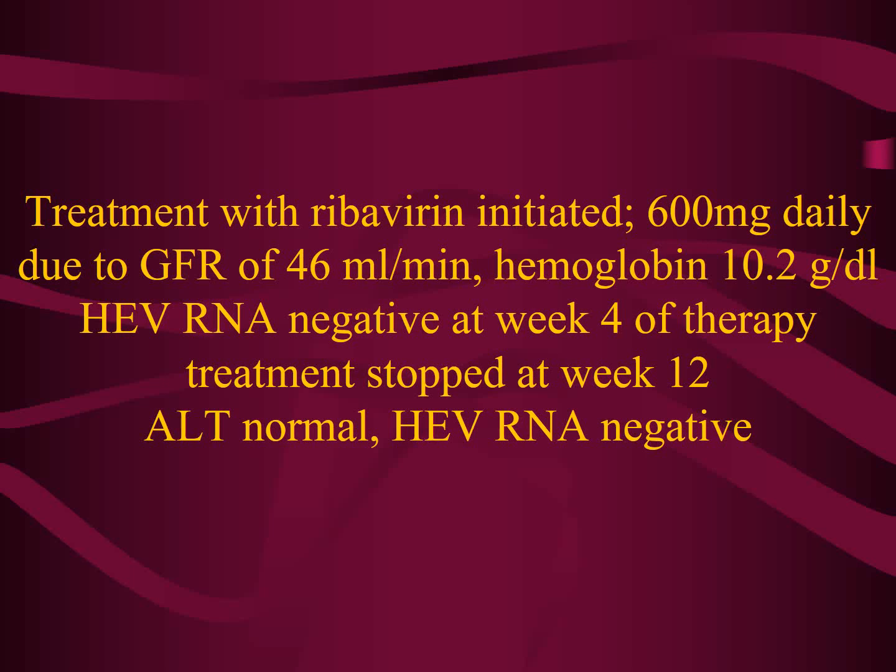RNA was negative at week 4 of therapy, and treatment was stopped at week 12. ALT became normal and the PCR became negative. Ribavirin is the best treatment now in some cases which do not resolve spontaneously.